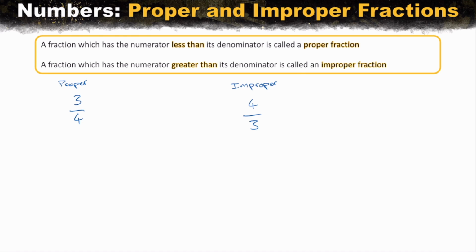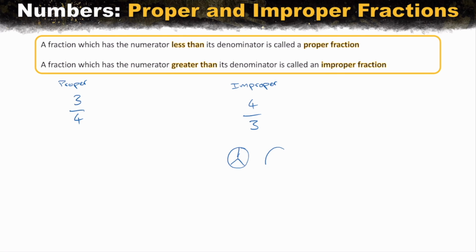When we have the reverse occur, such as 4 over 3, where the numerator is now larger than the denominator, we have an improper fraction. Improper fractions mean that we've got a value that's larger than 1. If we were to divide objects into 3s, I sometimes like to think of this like pizzas. Say we're cutting our pizzas up into pieces of 3.